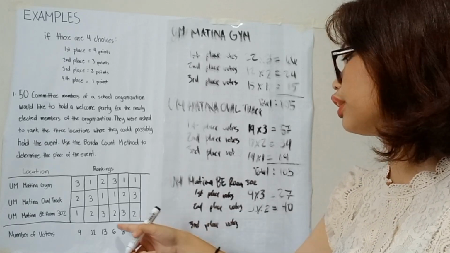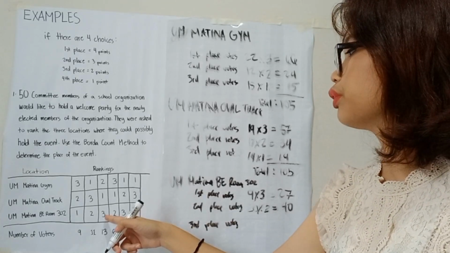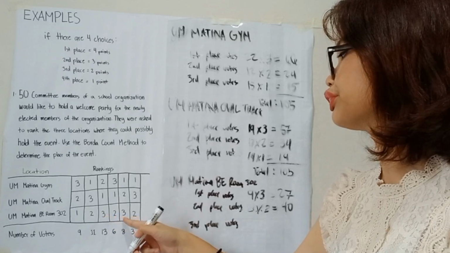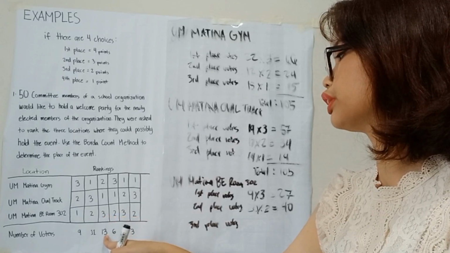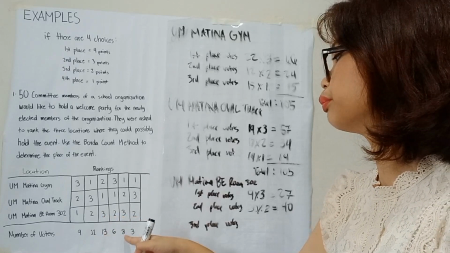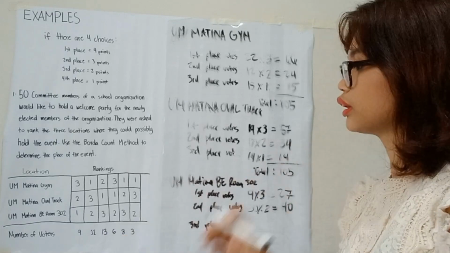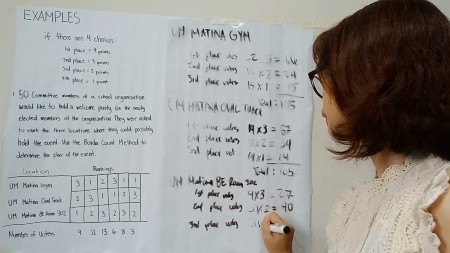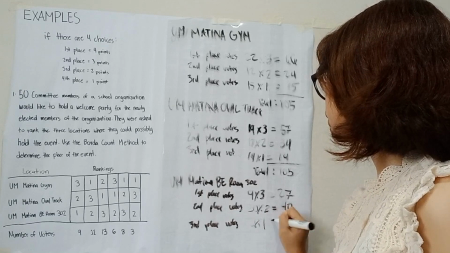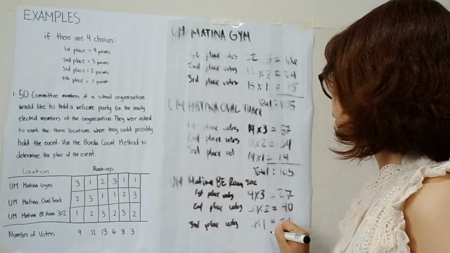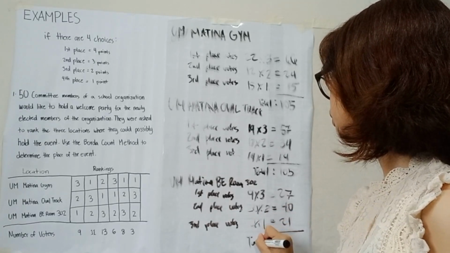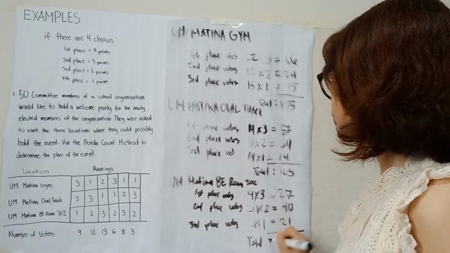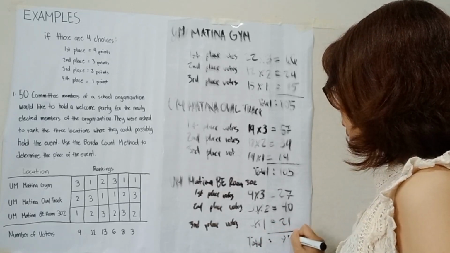So let's find the third rank. So we have rank 3, rank 3, rank 3. So those are the voters number of 13 and number 8 voters. So 21 times 1 equals 21. Then, the total, so that's 88.